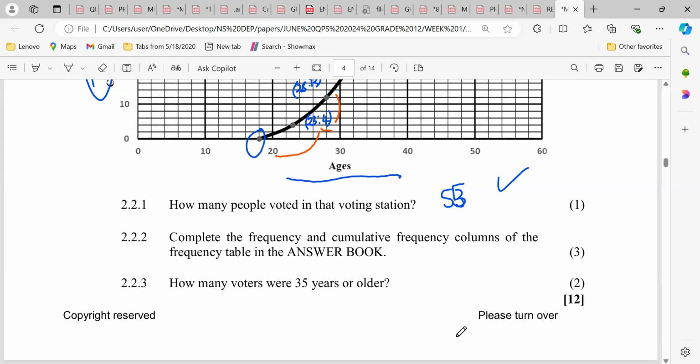Sir, what's the difference between 25 years and older and 25 years or older? Is there a difference? I think it has to do something with the plus. Sometimes we say 35 years and older, sometimes 35 years or older.